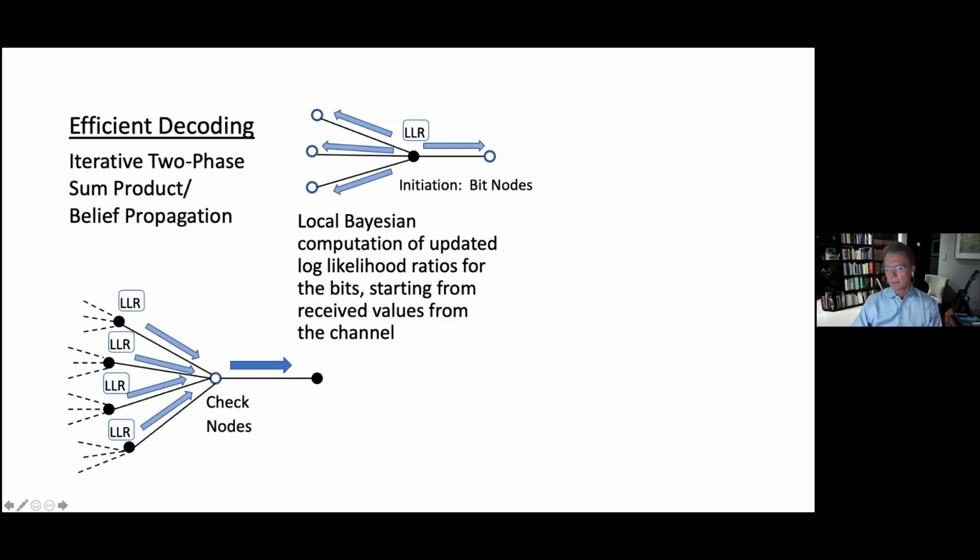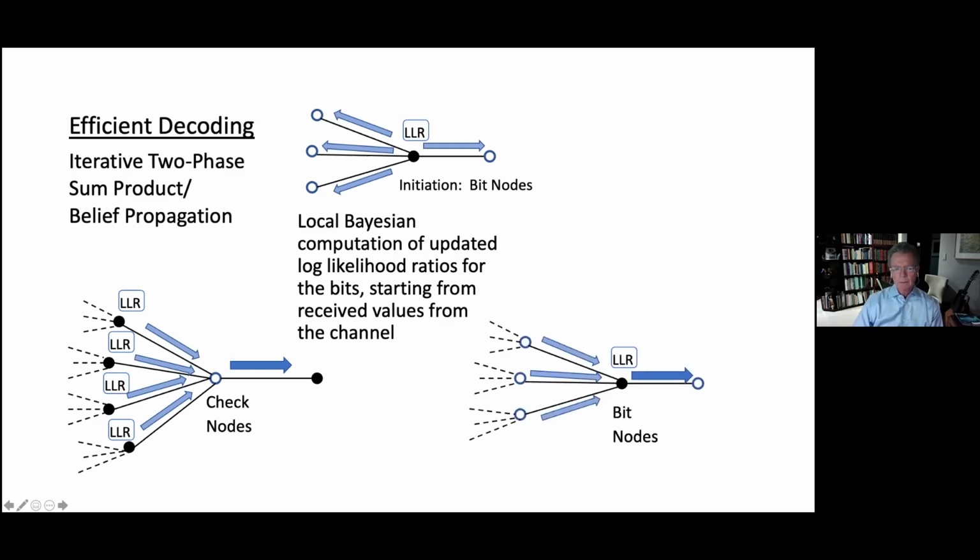attached bit node. And similarly, on the other side, you have information coming from checks saying what they think, based on information elsewhere in the graph, this bit should be, and that can be updated to tell the next parity check, well, now I've updated what I think my current state is. So it's what I'd call a local Bayesian computation. And it turns out that those can do very well.